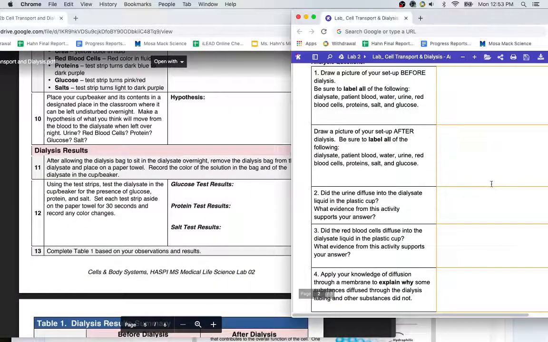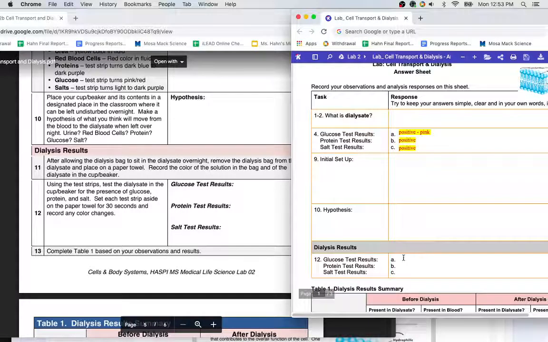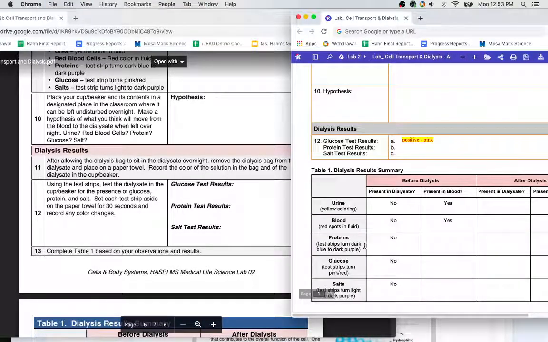So originally the glucose turned pink, and then here as well, the glucose was positive, and it turned pink. Okay, now for the protein, it will turn dark blue to dark purple.